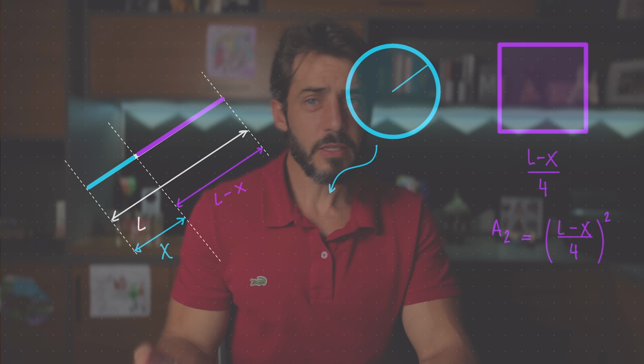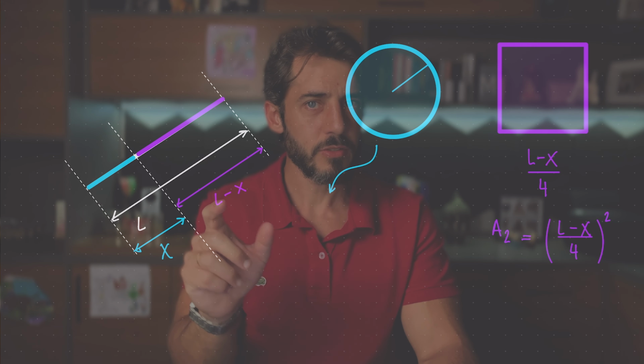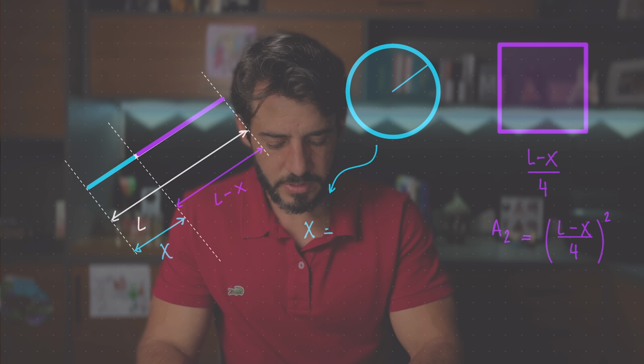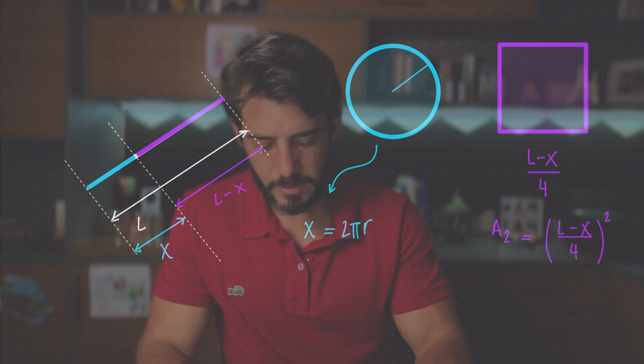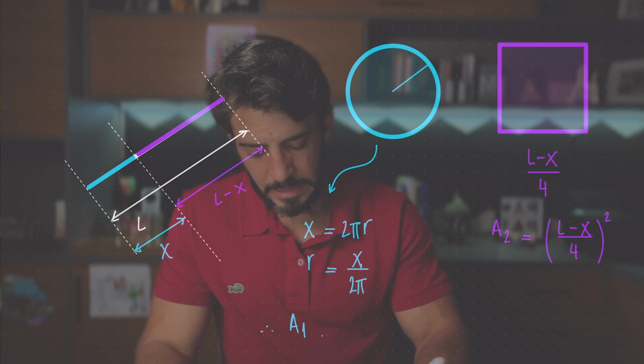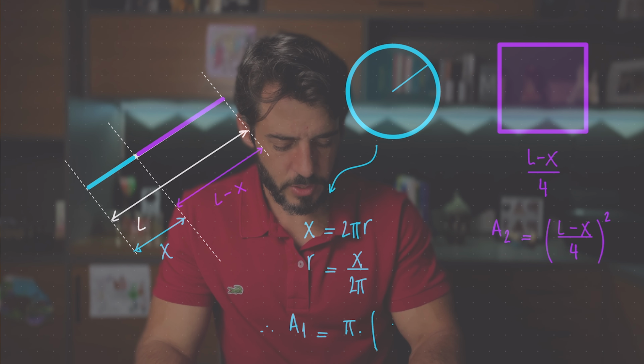We have x amount of wire to form the circumference, which means that given the circumference is 2 pi r, the radius is x over 2 pi, which means that this A1, area 1, is pi times r squared, which means pi times (x over 2 pi) squared, which we can simplify to x squared over 4 pi.